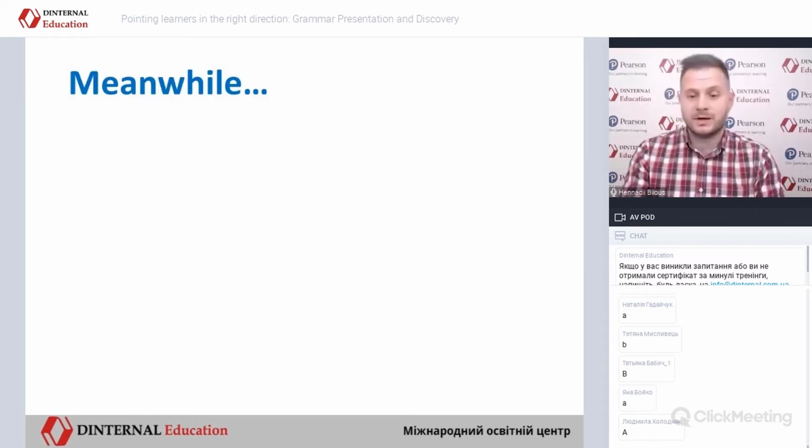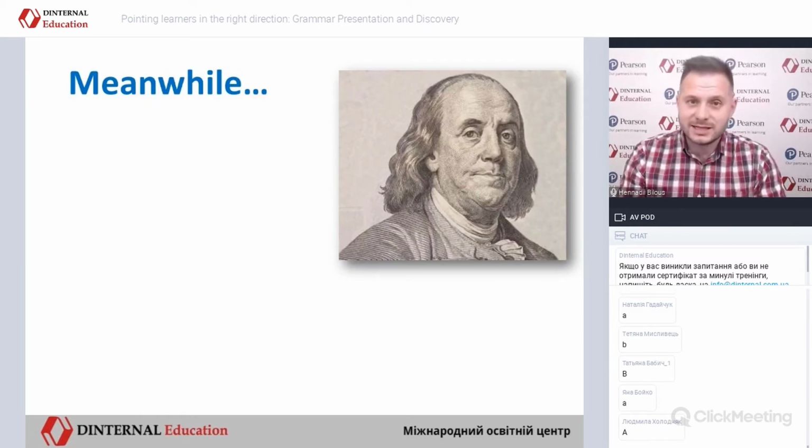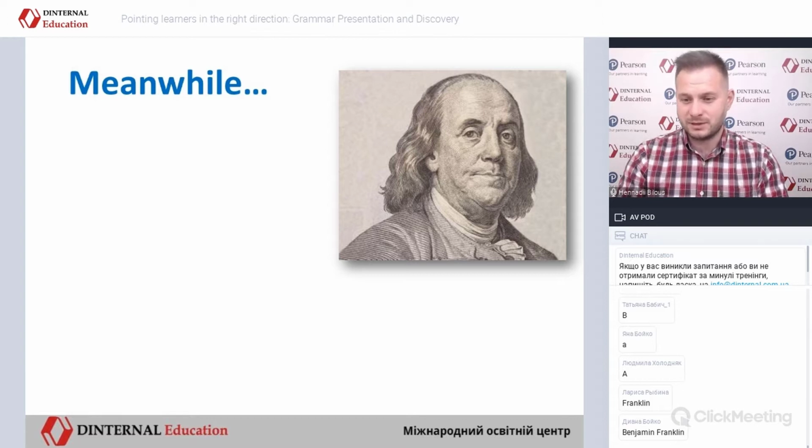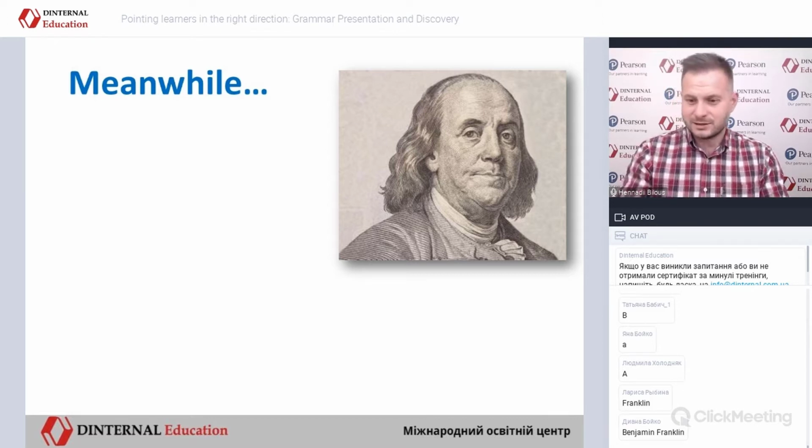Meanwhile, however, what this gentleman said, and again, in the chat boxes, who knows his name? I'm sure all of you know, but who has the fastest typing skills ever here today in this wonderful audience? And Franklin, yeah, Larissa Ridina was the first one, Benjamin Franklin, Diana, yes, all right, good.